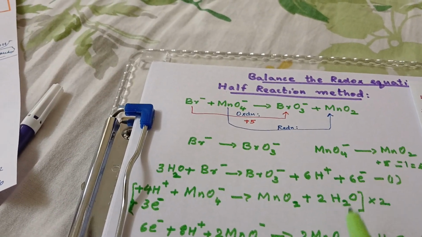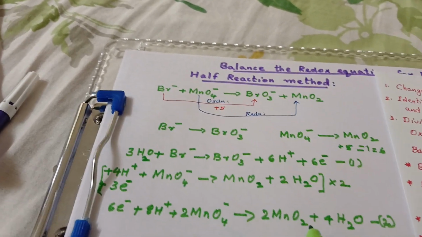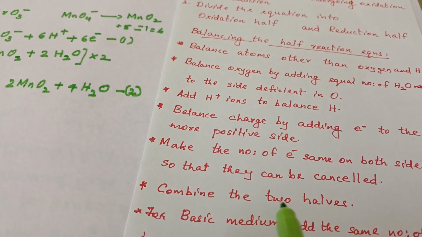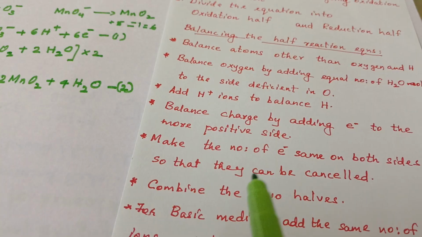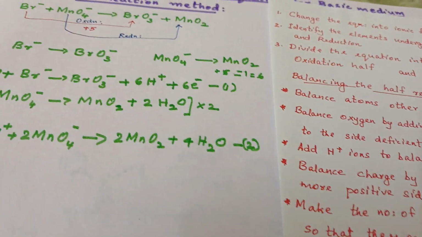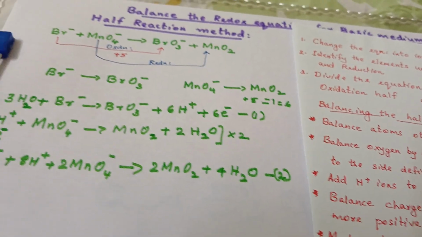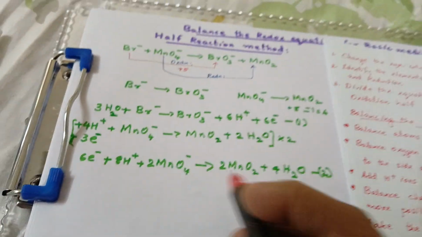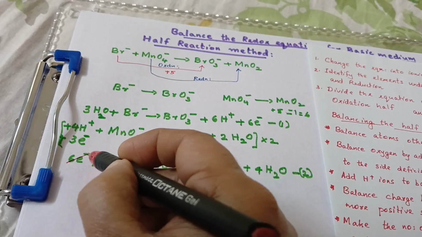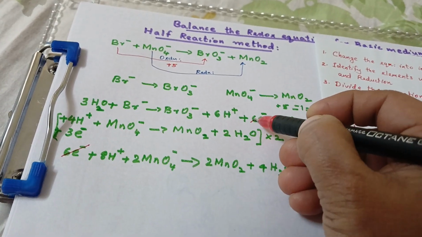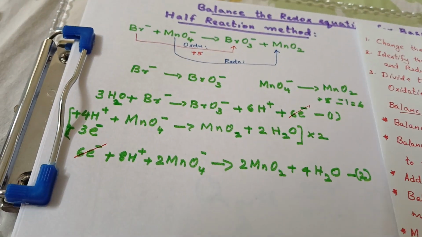We need to combine these two equations. That is, combine the two halves. Before that, let us check for anything common on both sides so that we can cancel them out. Say 6 electrons in this equation and 6 electrons here. They will get cancelled.